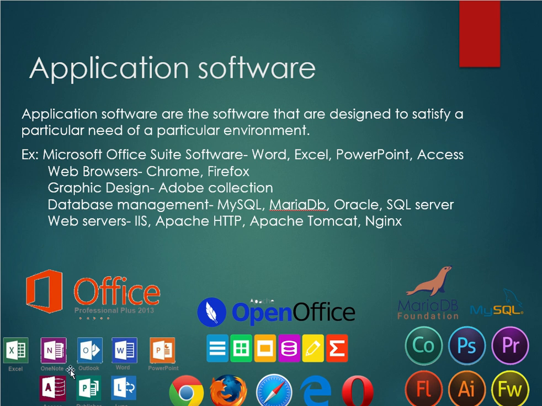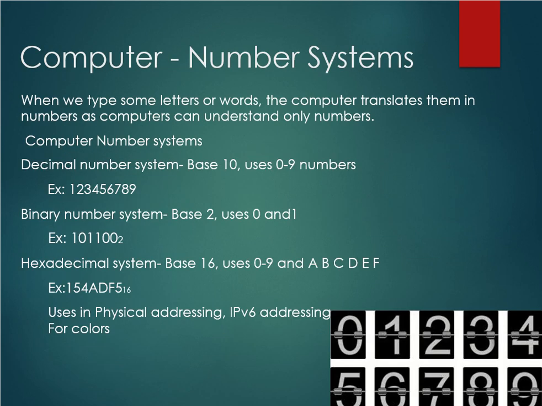Besides these office packages, they have systems to provide services to the general community like us. A simple system is a billing system and a payroll system. And number systems: in a computer there are a few number systems used. Generally we use the decimal number system.